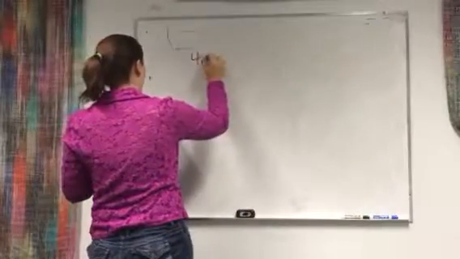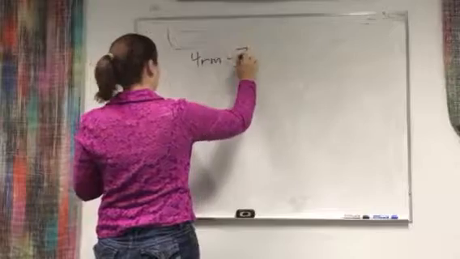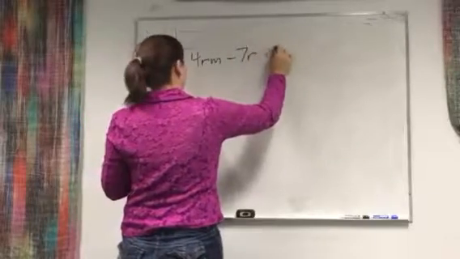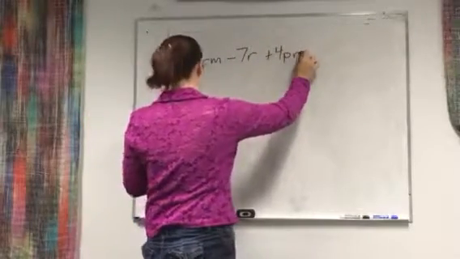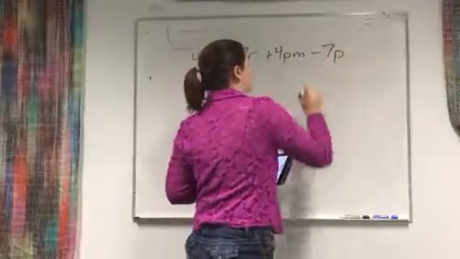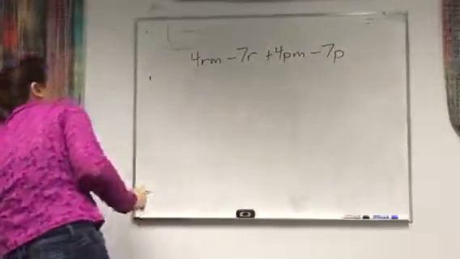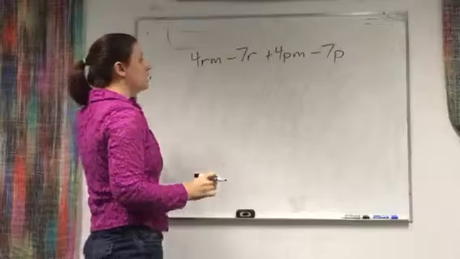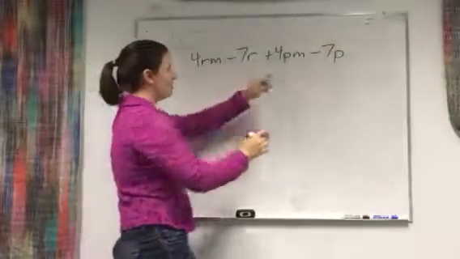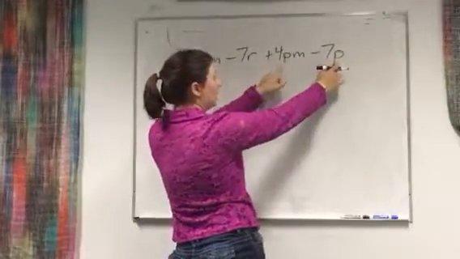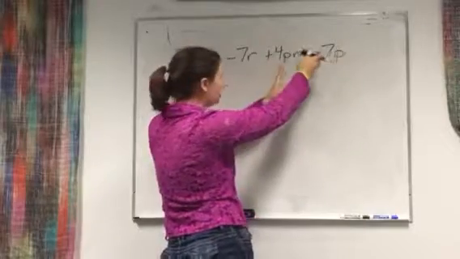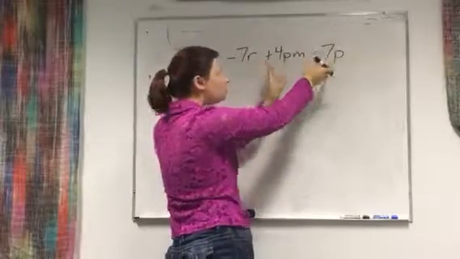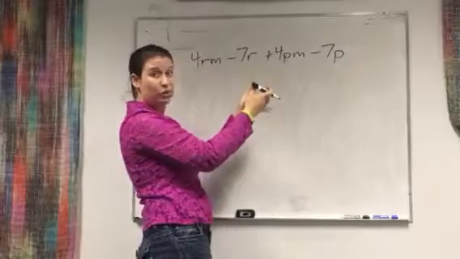Okay, 4rm minus 7r plus 4pm minus 7p. Okay, so notice here that this one only has a P and this one has a P. Generally, because those are the only two terms that have P's, we want to group those together.